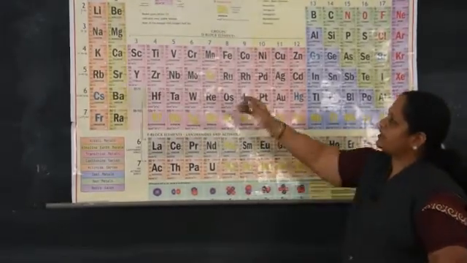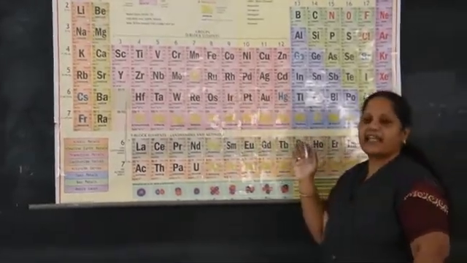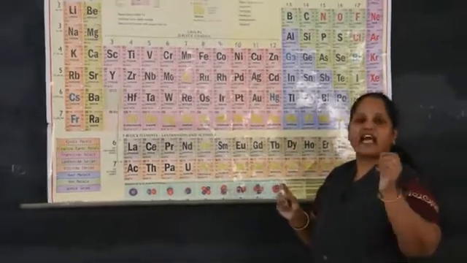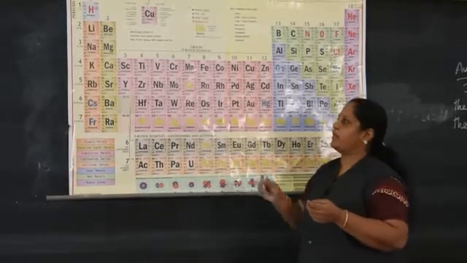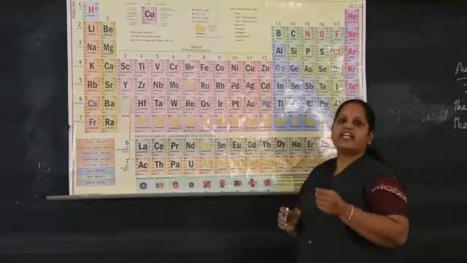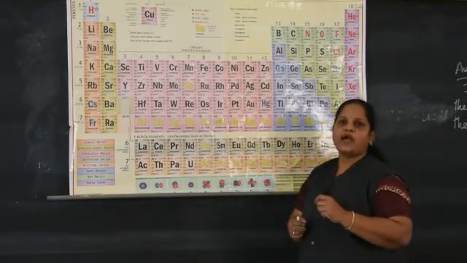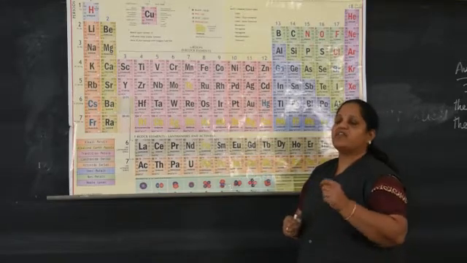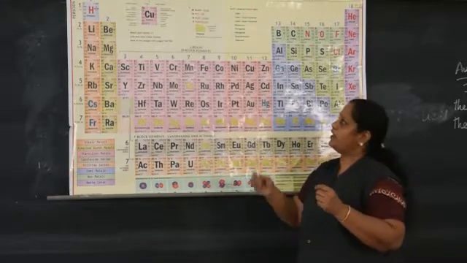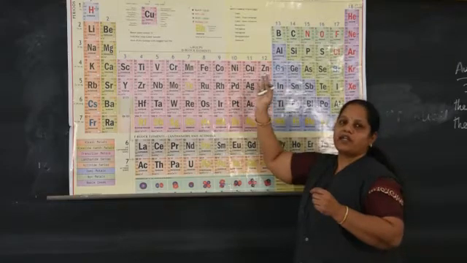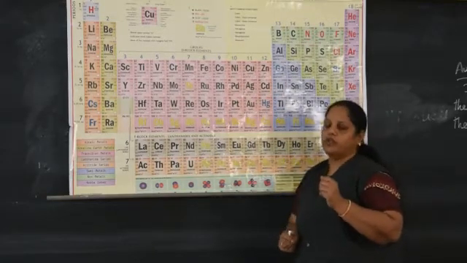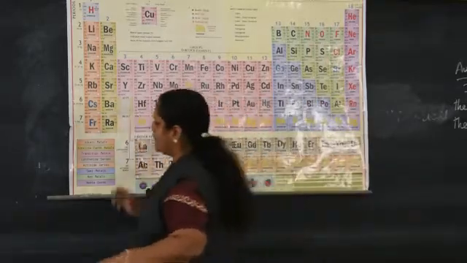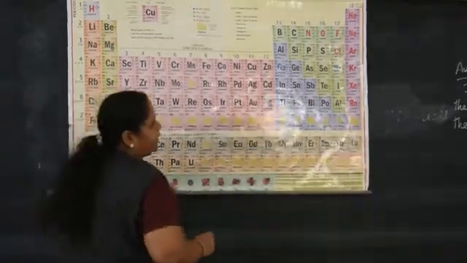Now these 118 elements are further classified into s block elements, p block elements, d block elements and f block elements. Why are these called like this? We will see one by one. What is the first element in the periodic table?